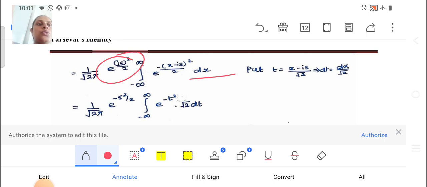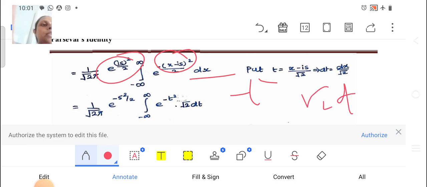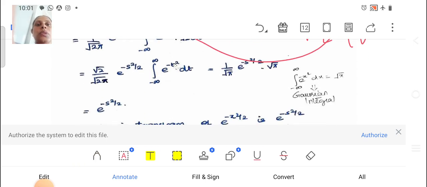Next we use the substitution method, t equal to (x - is)/root 2, so that the exponent becomes minus t^2, and dx is root 2 dt. So the answer is root 2 divided by root 2 pi, e^(-s^2/2), integral from minus infinity to infinity of e^(-t^2) dt.